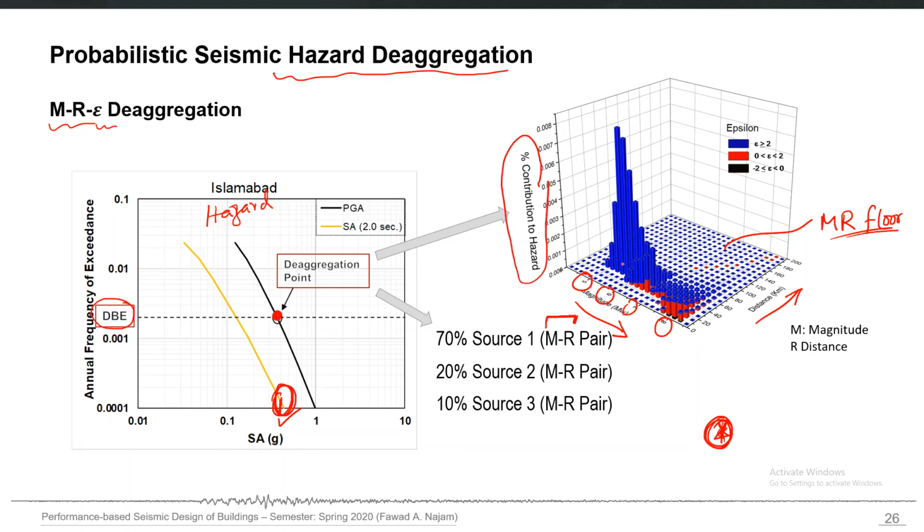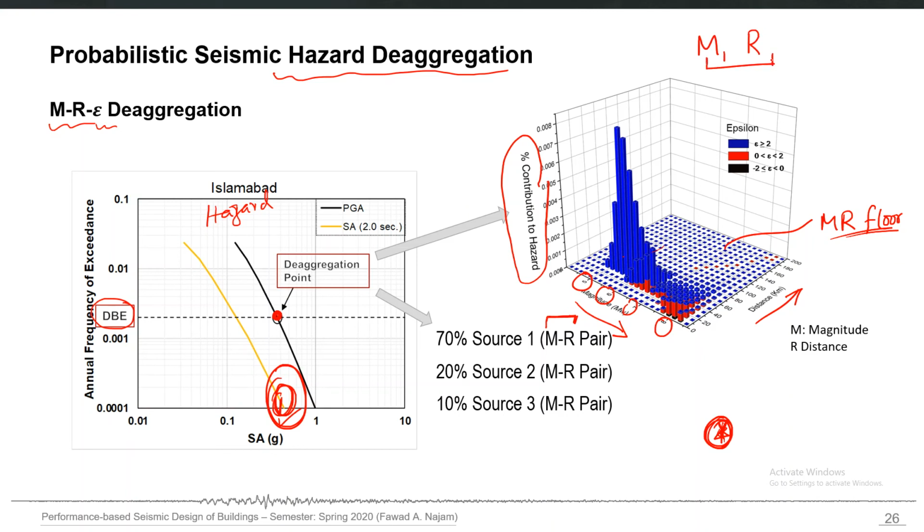Which means that whatever point has the highest value on the y-axis, that MR pair will be contributing the most towards this number, which is the seismic hazard which you picked from the hazard curve.